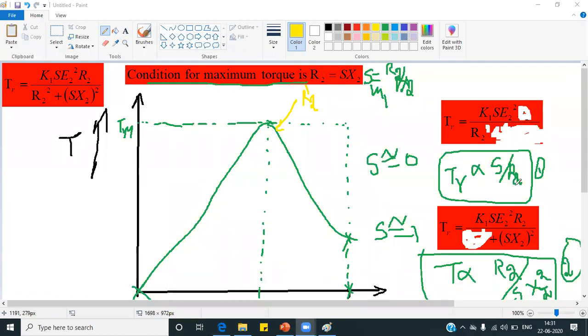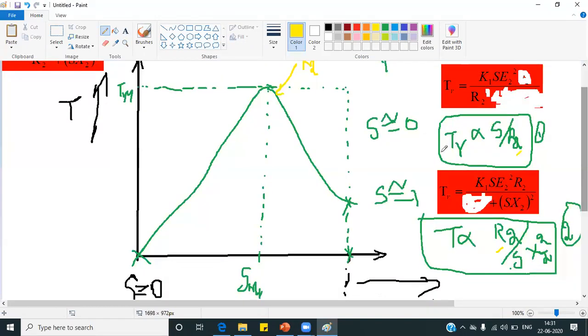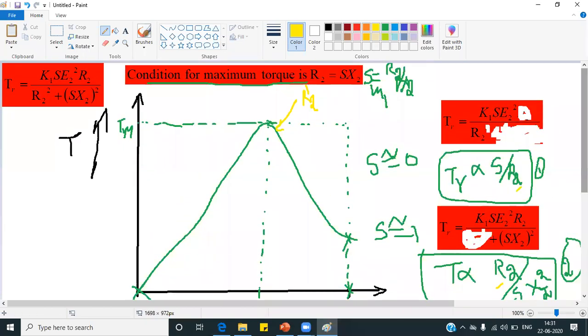So now here you see, in equation 1 and equation 2, I have taken R2. What is R2? Rotor resistance only, right? So by using a slip ring rotor, I can have any value of extra resistance I want. So here, let's say this is R2 dash.